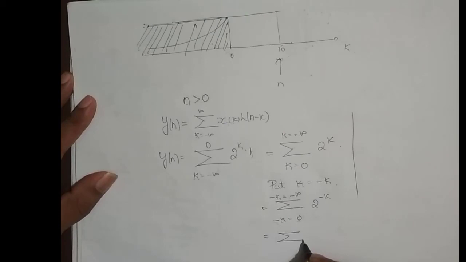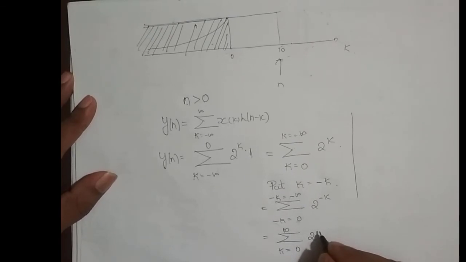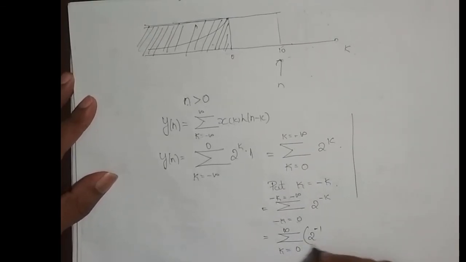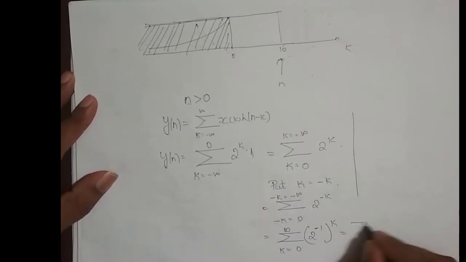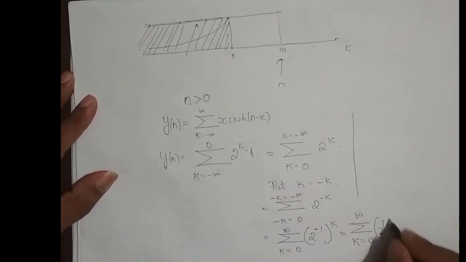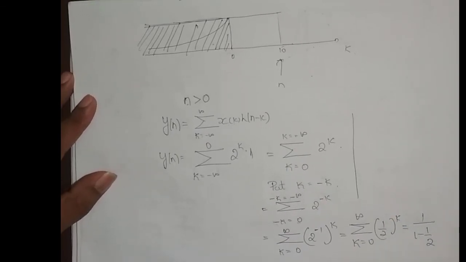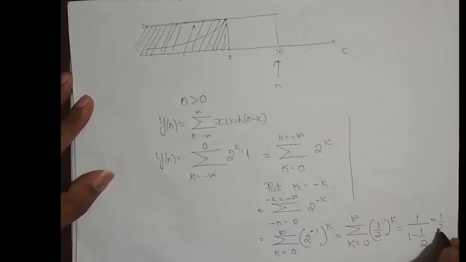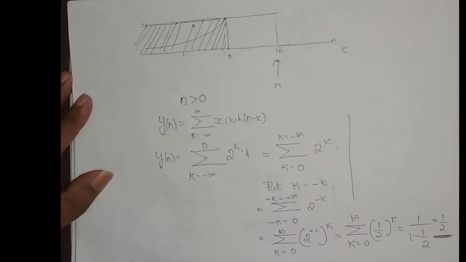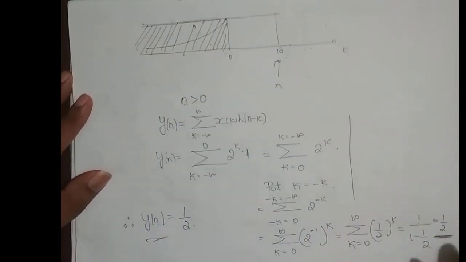So summation k varying from 0 to infinity 2 power minus 1 whole power k, which is equal to summation k varying from 0 to infinity 1 by 2 power k. And what is this? 1 divided by 1 minus 1 by 2, right? And what is this? 1 by 2. So therefore y of n is equal to 1 by 2 for n greater than 0.